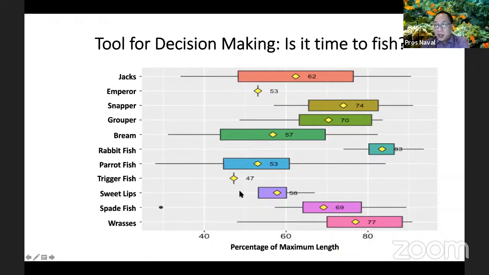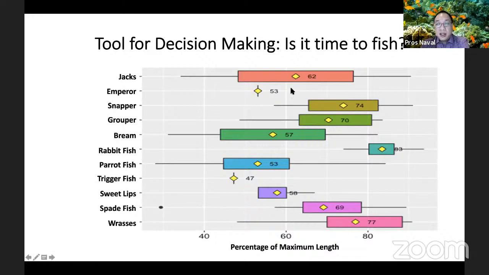On the vertical axis are the different fish types obtained from a biodiversity survey, and the horizontal axis is the percentage of the maximum fish length for the different fish classes.